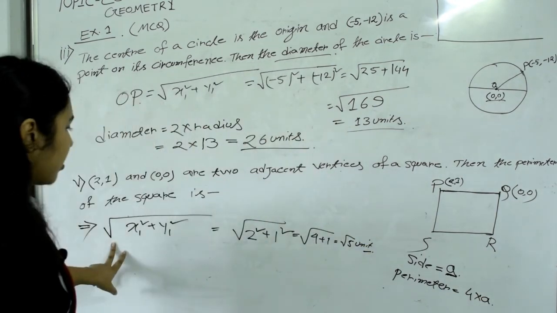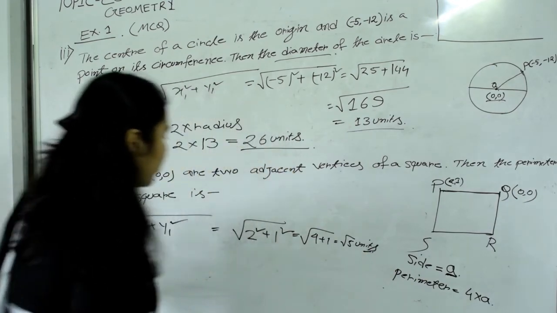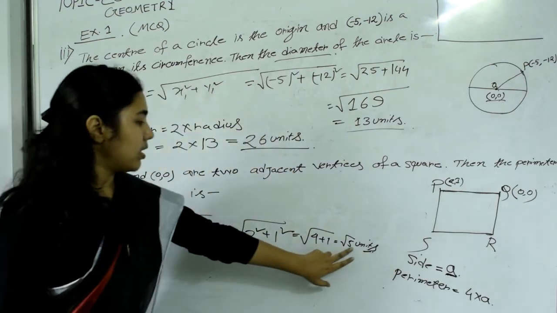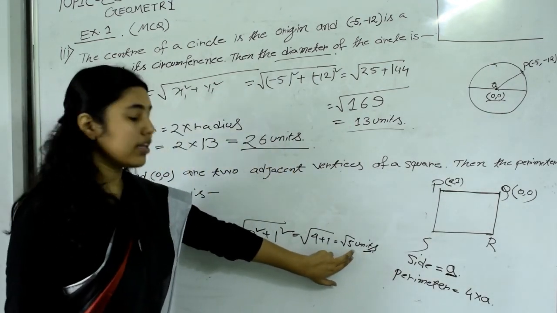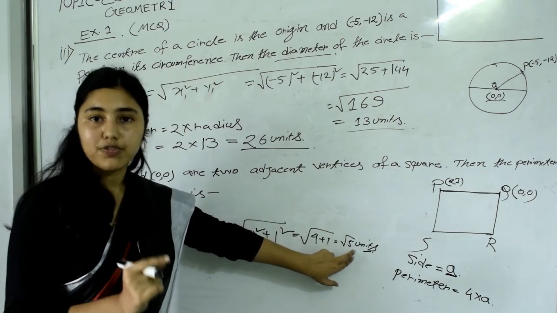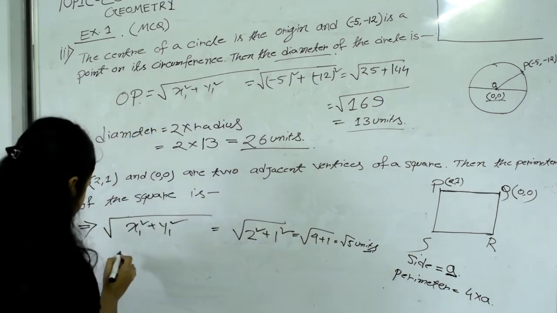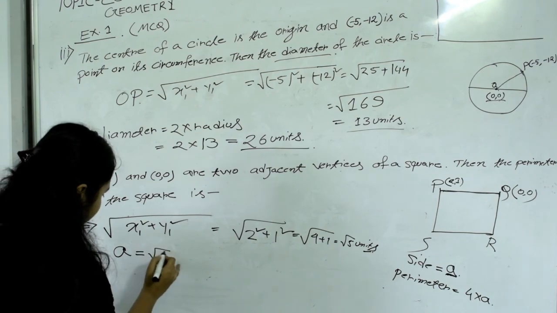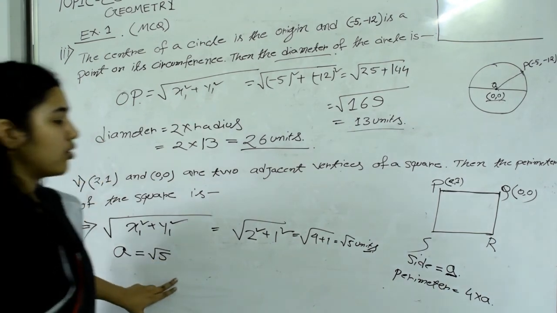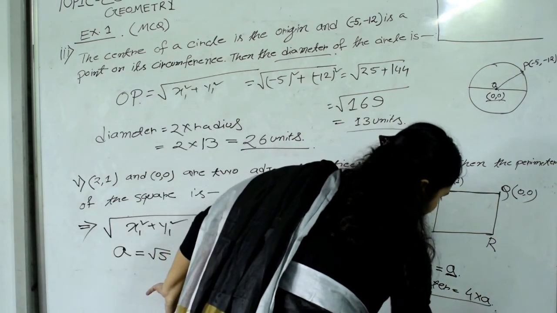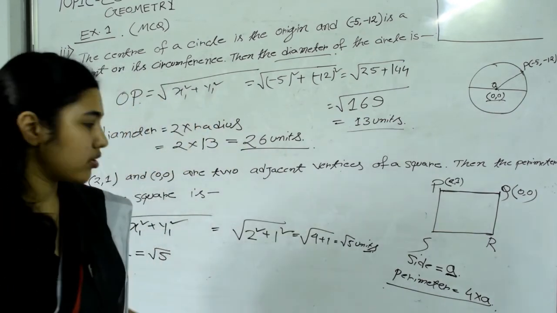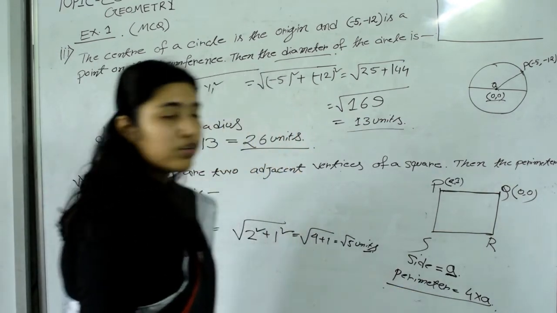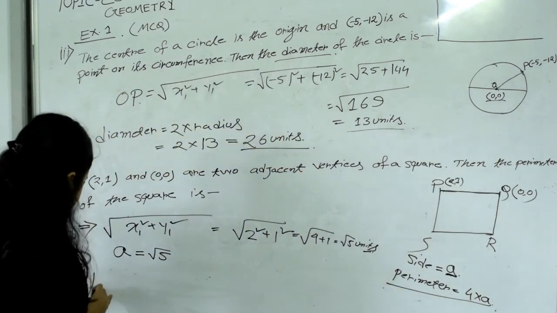Okay, now this is the length of one side of a square, which means the value of a is root over 5. We have to find the length of the perimeter, which means 4 into a.